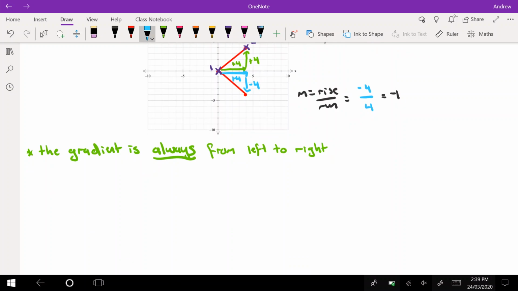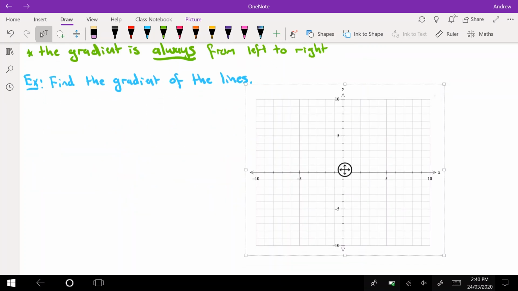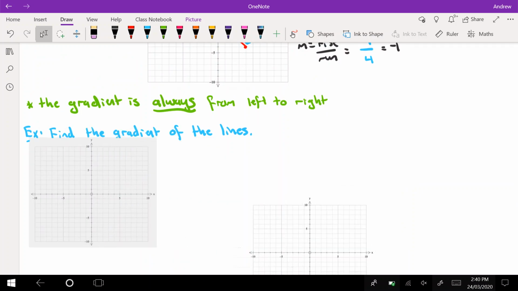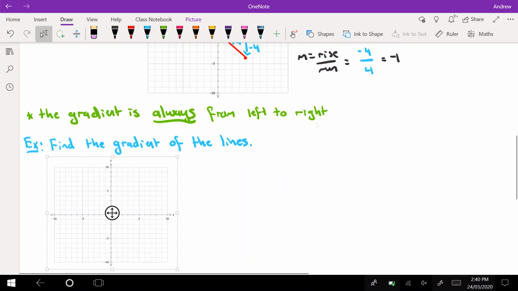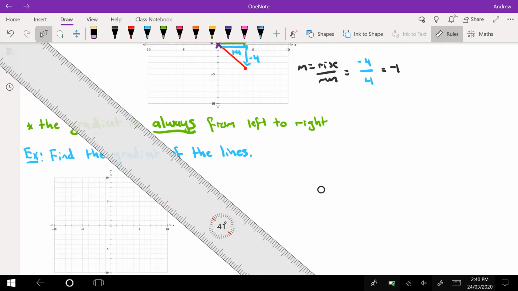So, a couple of examples. Find the gradient of the lines. Shrink it down a bit. So I'm going to draw 3 lines here.